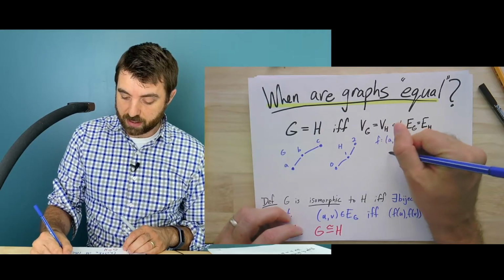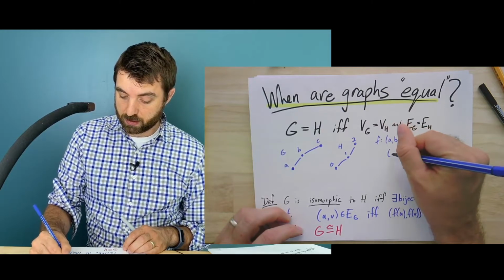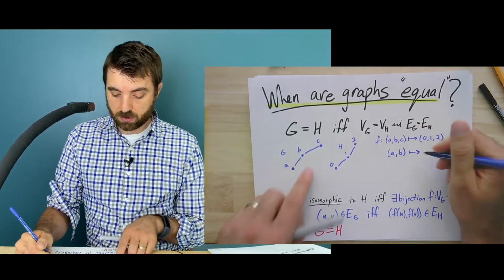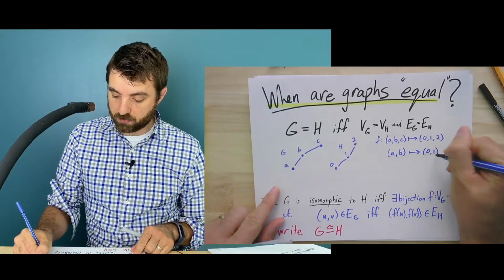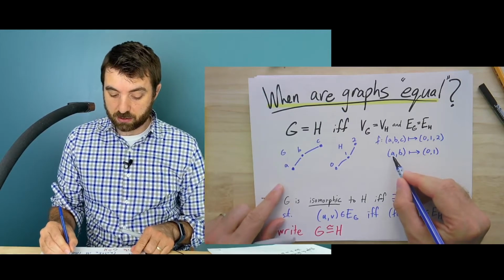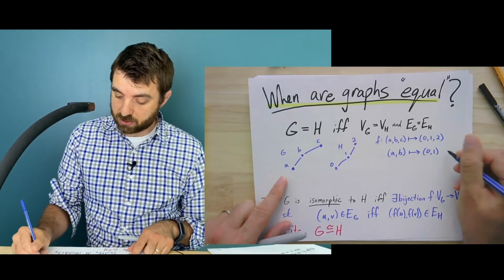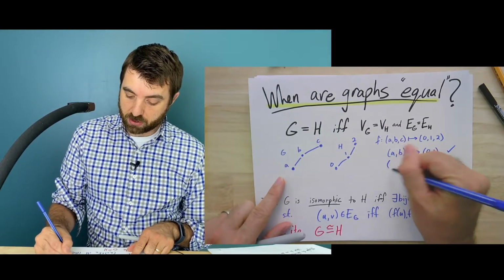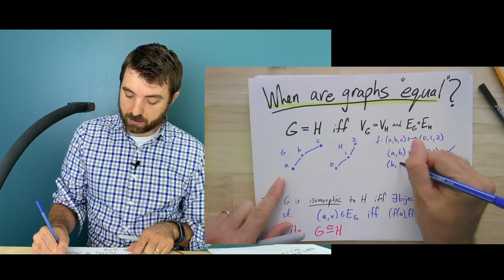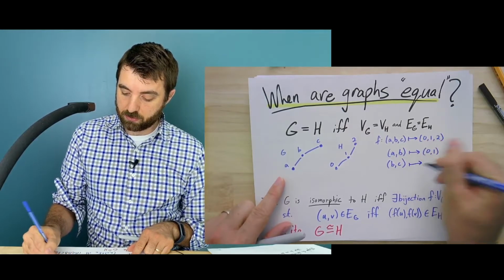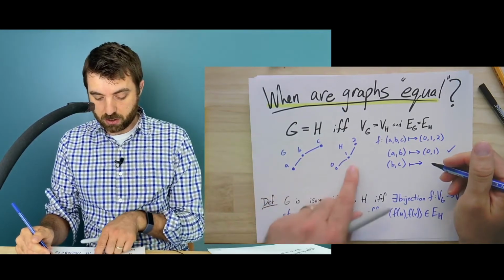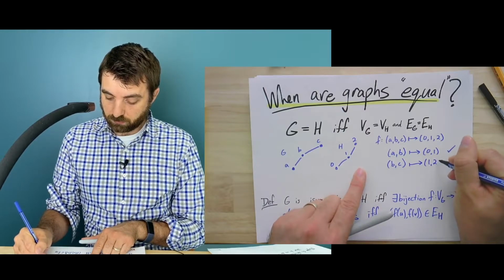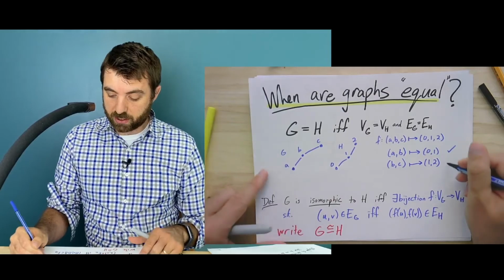I've got the edge AB, which maps to 0, 1. So this is an edge in G, this is an edge in H, good to go. I have the edge BC in G, which maps to the edge 1, 2 in H, and that's also present.